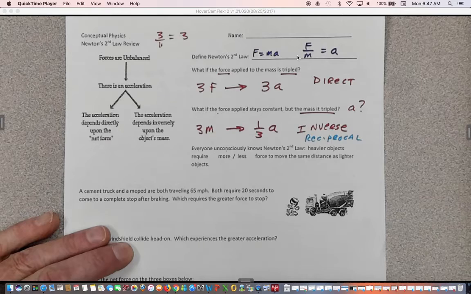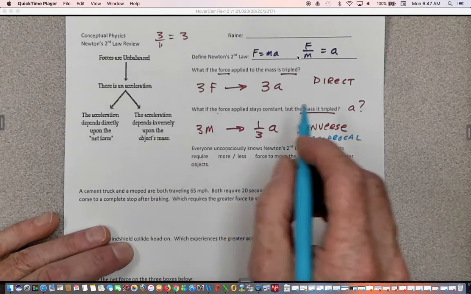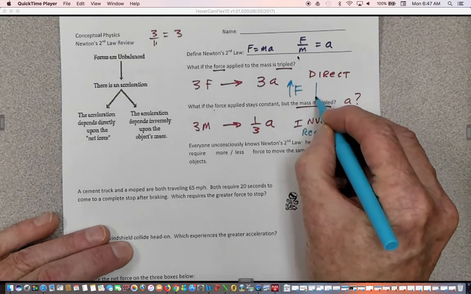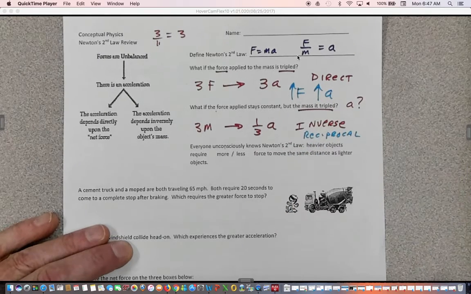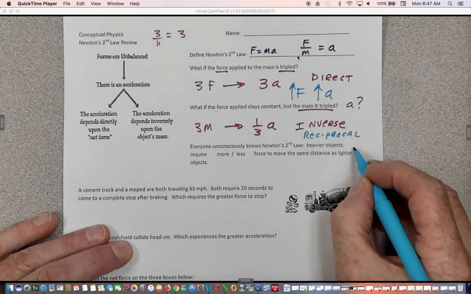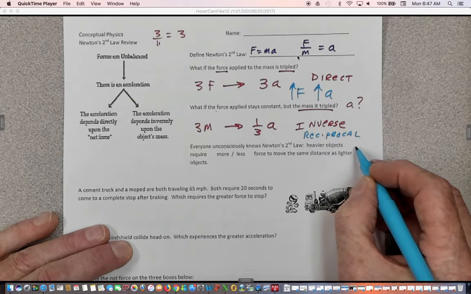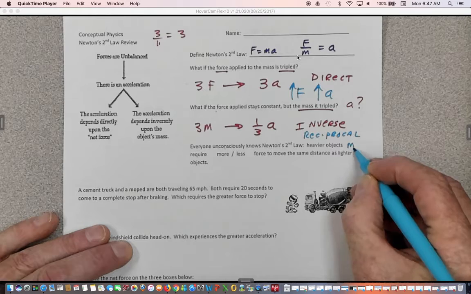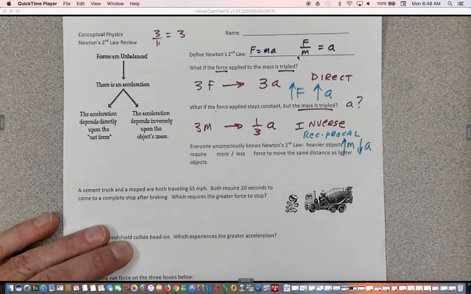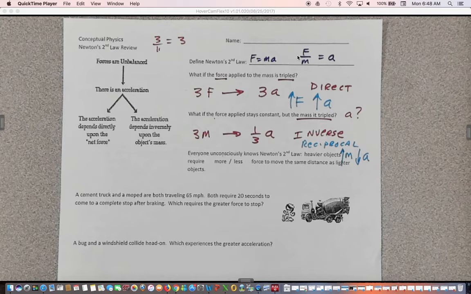What happens is, if force increases, so does acceleration. However, I'm going to have to squeeze this in over here. If mass increases, acceleration decreases because of the inverse relationship.